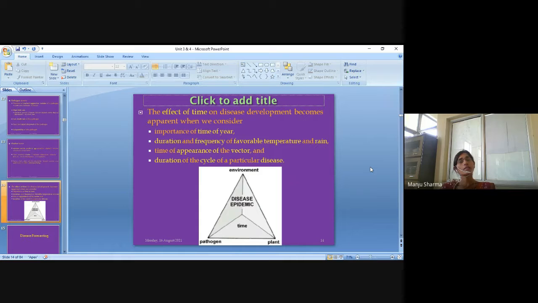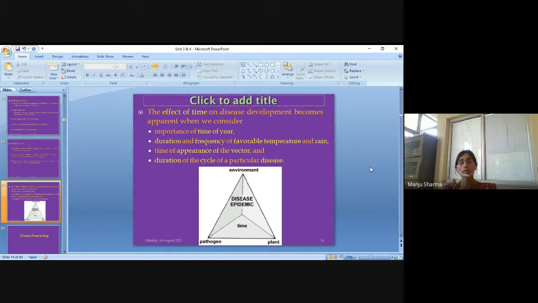The next thing is the effect of time on disease development, which becomes apparent when we consider the importance of time of year, the duration and frequency of favorable temperature and rain, and the cycle of a particular disease.